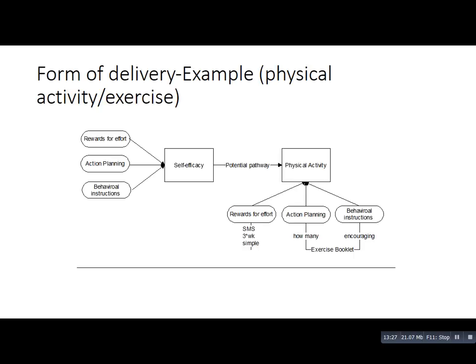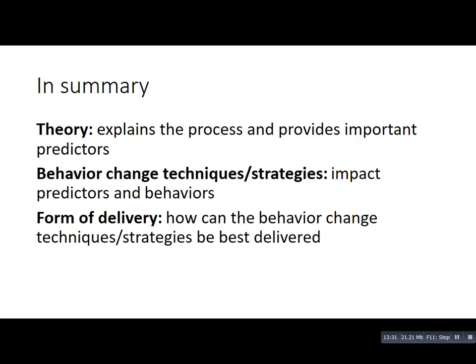So in summary, the theory is the starting point of any behavior change intervention, but it just explains the process, and it provides important predictors and constructs we need to consider when we develop the intervention. Secondly, behavior change techniques or strategies are important because these are actually the things that impact these predictors and the behaviors.